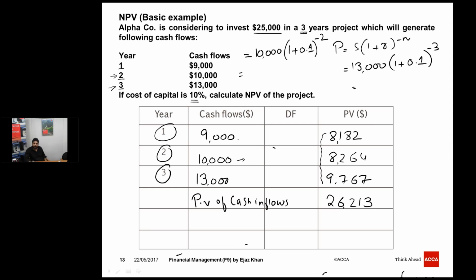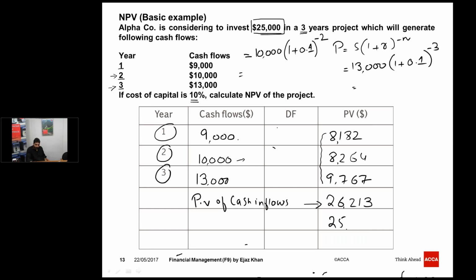This is the maximum amount that Alpha company should invest against these three cash flows, 9,000, 10,000 and 13,000. Alpha company is required to invest $25,000 in this project.